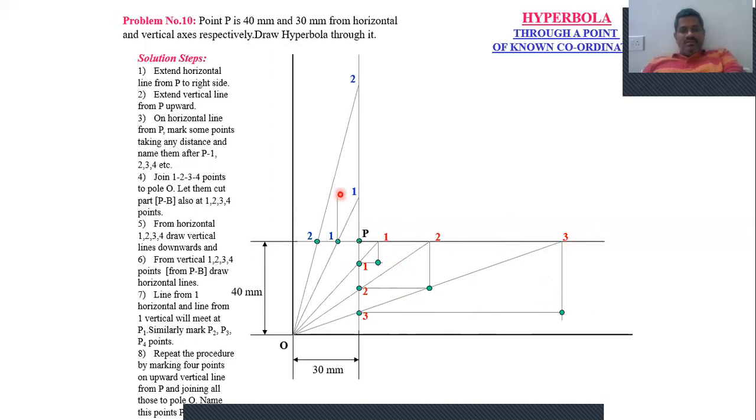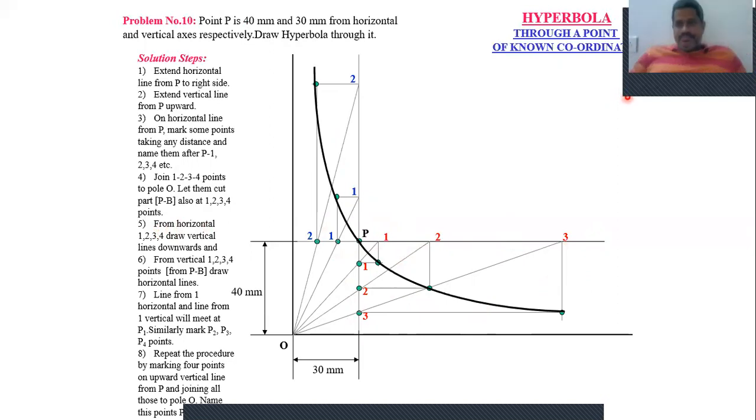You will get the points. Then join all these points, and you will get a hyperbola from the given coordinate point. This is how to draw a hyperbola from a given point.